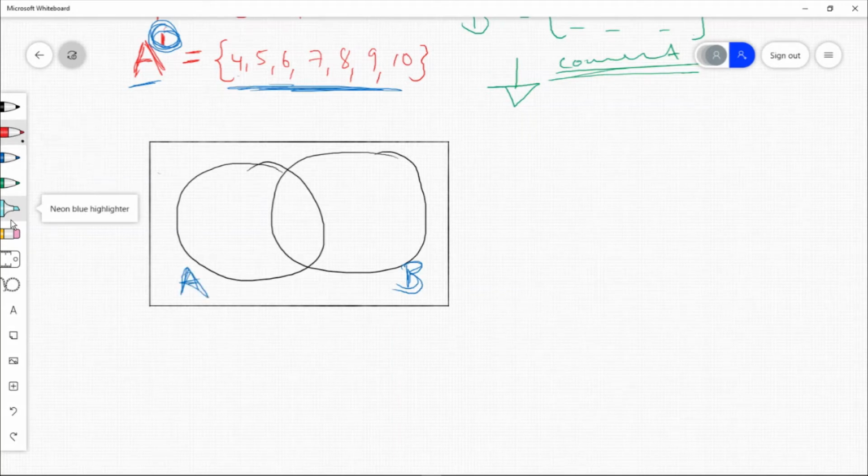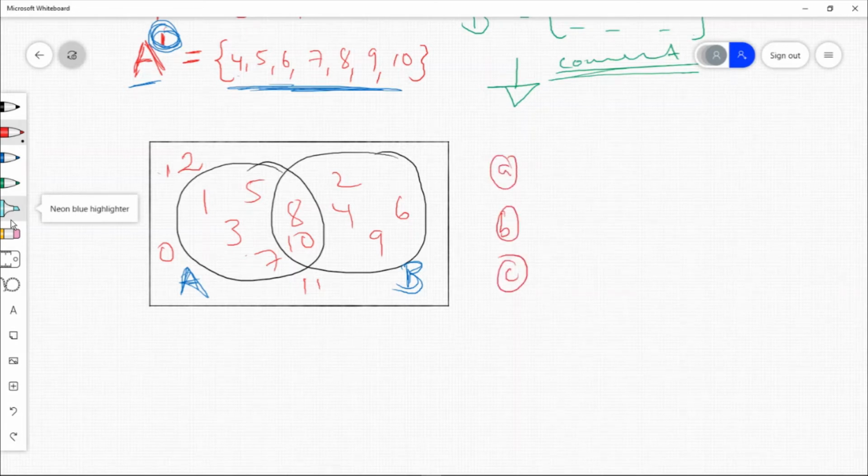Okay, so let's say we have 1, 2, 3, 4, 5, 6, 7, 8, 9, 10, 11, 12, 0. My questions will then be A, B, C. What are the elements that are in A intersect B? What are the elements that are in A union B?